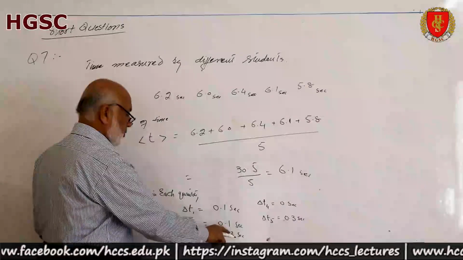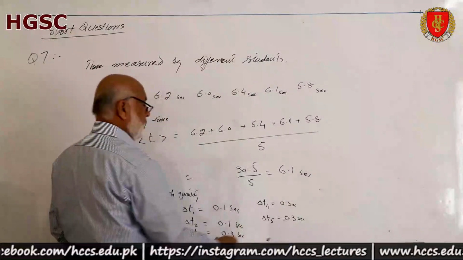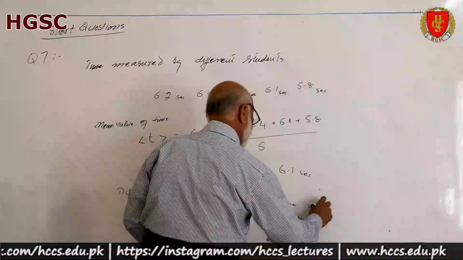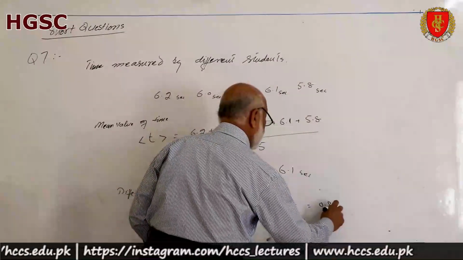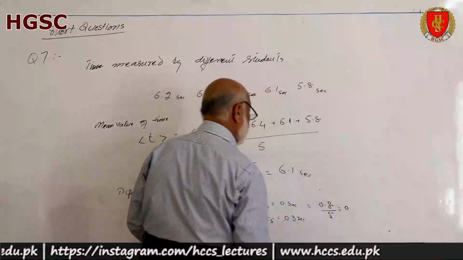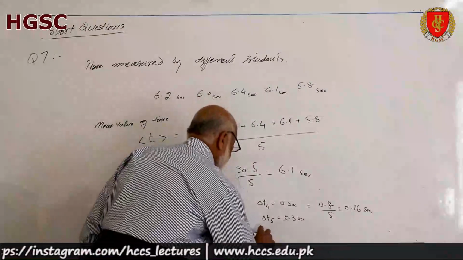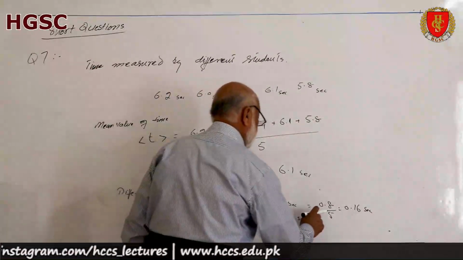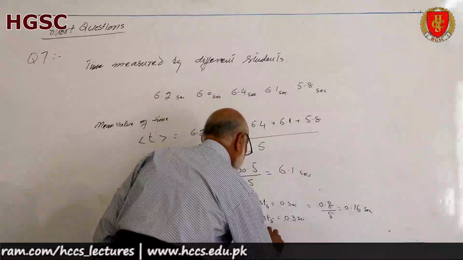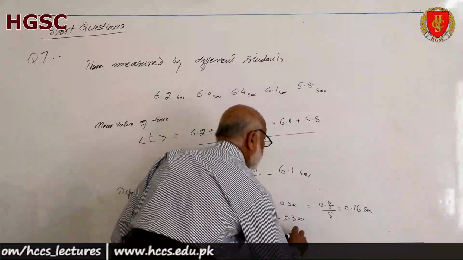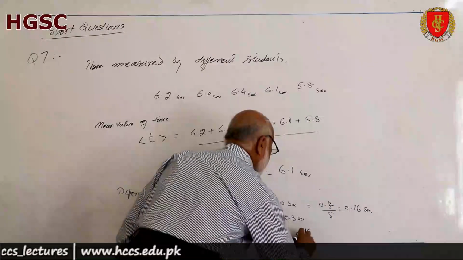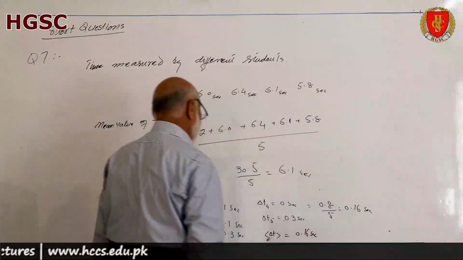So 0.1 plus 0.1 plus 0.3 plus 0.3 divided by 5, 0.8 divided by 5, is 0.16, okay. So this is delta T mean, 0.16 seconds.